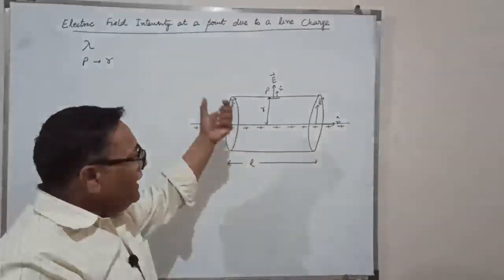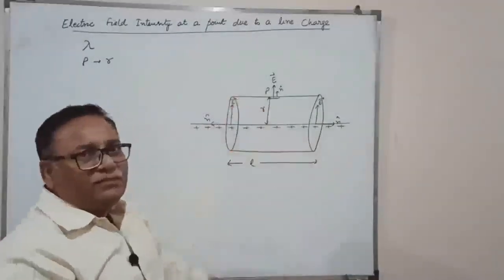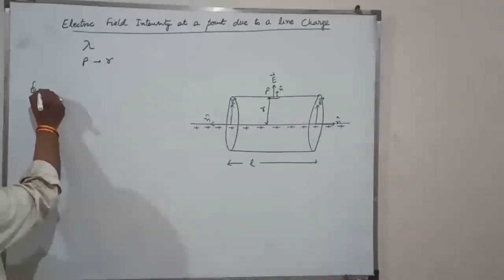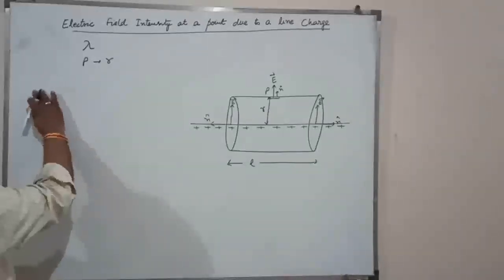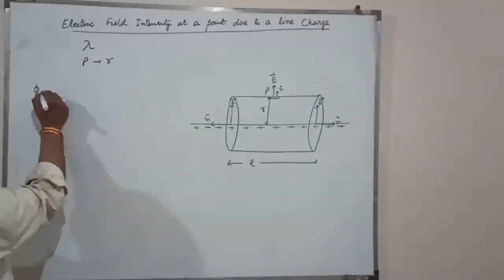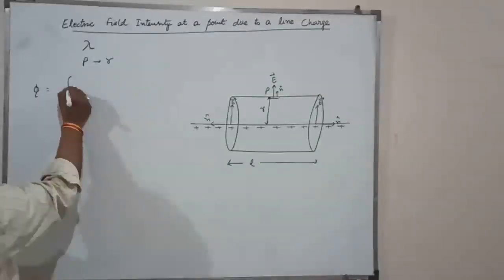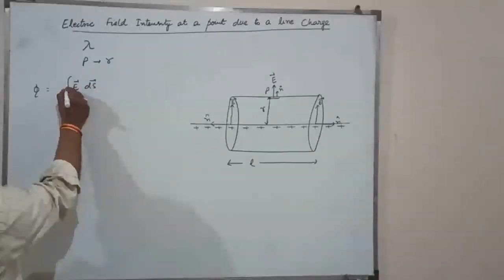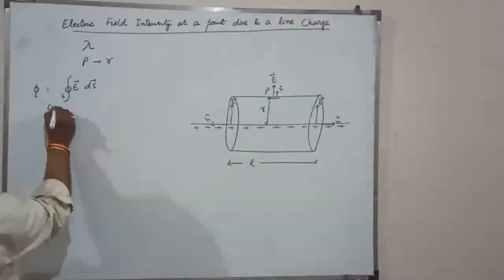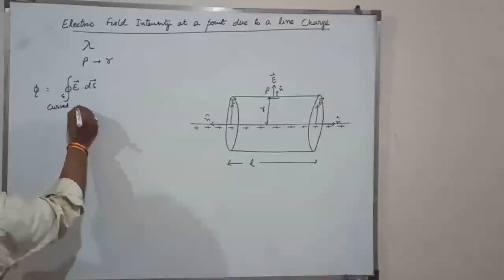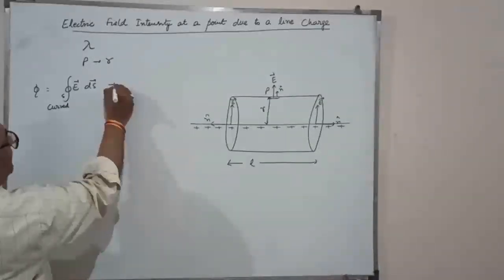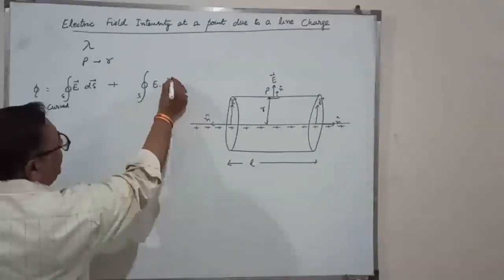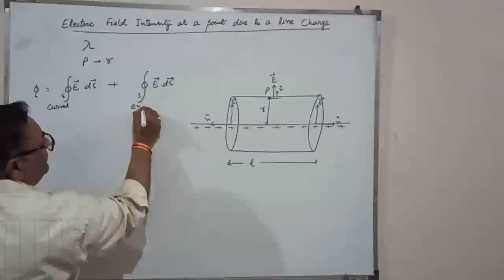Then the total electric flux coming out from the Gaussian surface, that is phi, is equal to the integral of E dot ds over the curved surface, plus the integral of E dot ds over the ends.